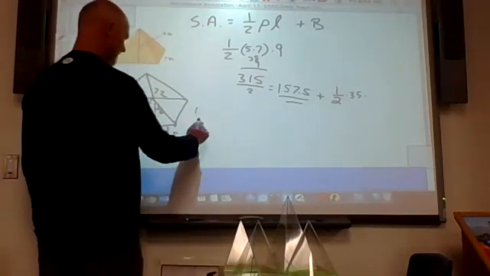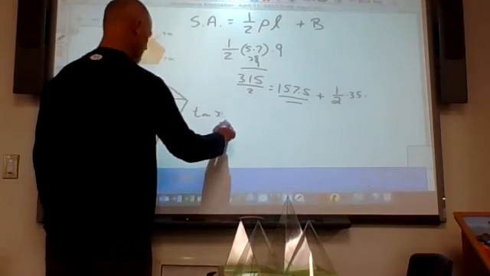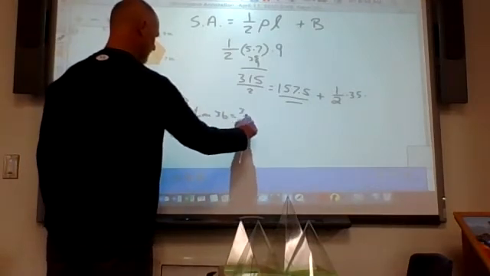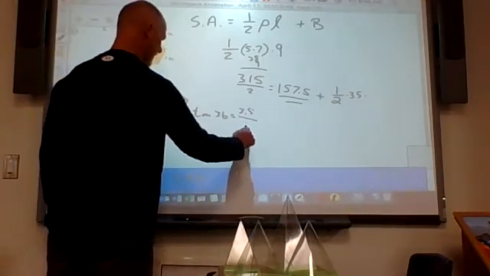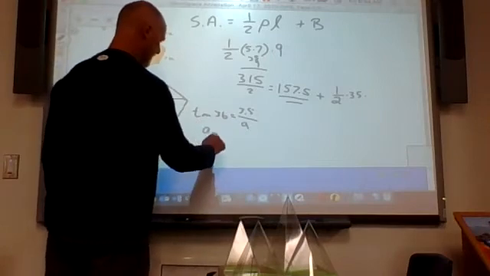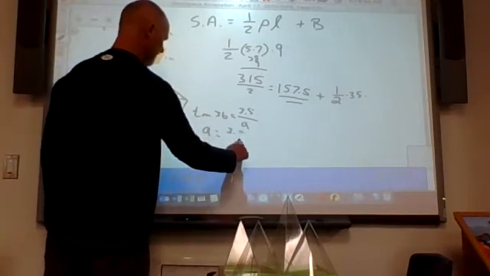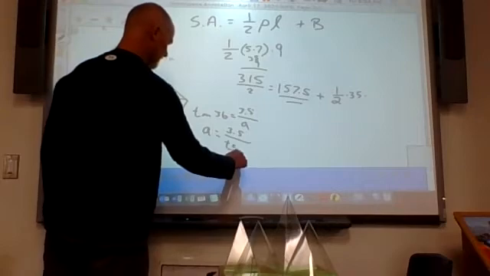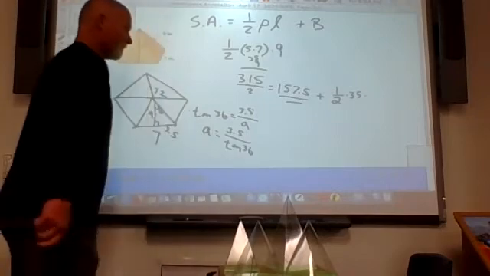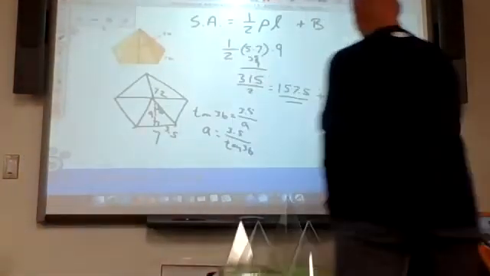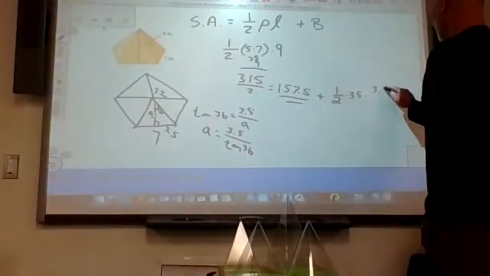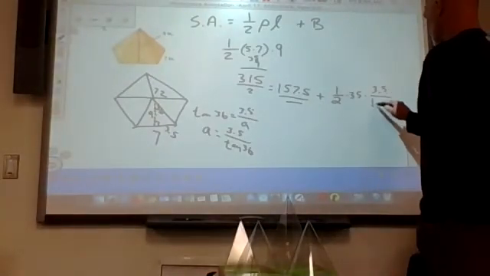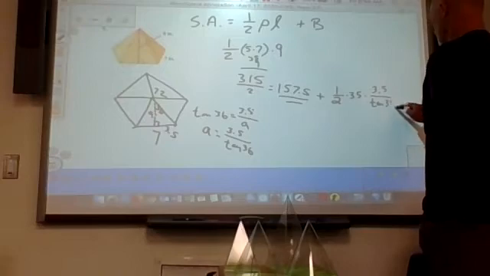So that means tangent of 36 is going to be equal to 3.5 over the apothem. And so the apothem is equal to 3.5 divided by the tangent of 36. So I'm going to put that in over here, 3.5 divided by the tangent of 36.